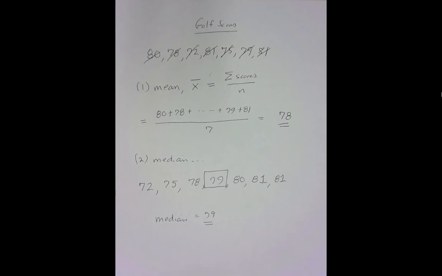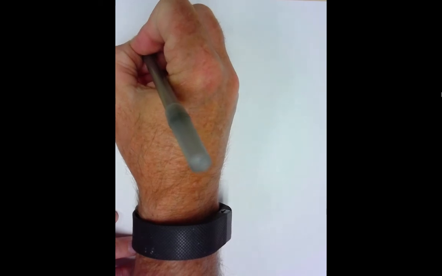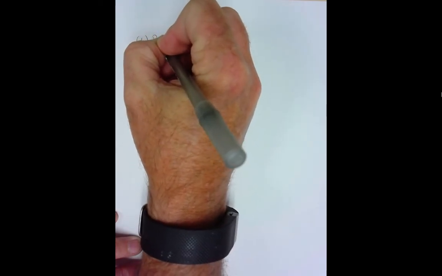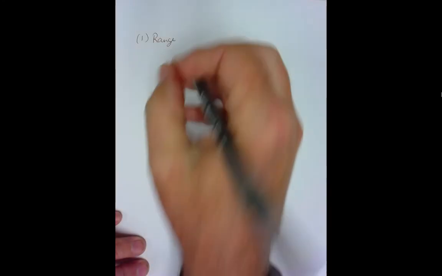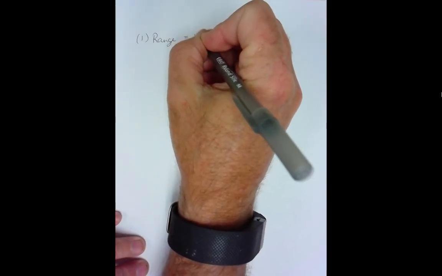Now, let's move into the measures of variation. They're a little bit harder, not at first, but they're a little bit harder overall, mainly because of the standard deviation. So the first measure of variation that I talked about was the range, and the range is really easy to find.